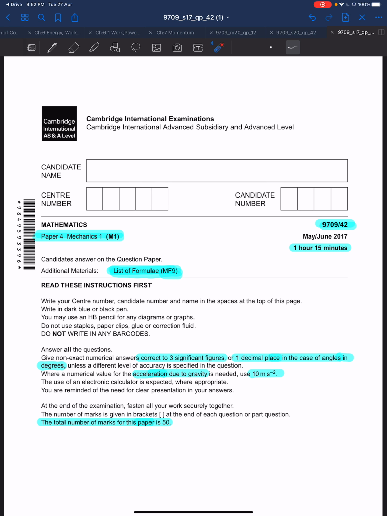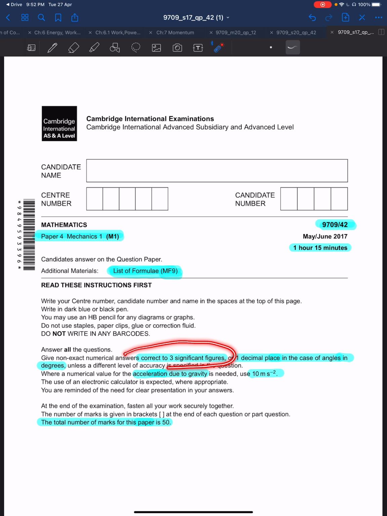Paper mechanics M1 has the time 1 hour 15 minutes and its total marks are 50. A few formulas are given in the formula list F9, which will be provided to you in the exam. In the question paper, you have to answer numerical answers correct to three significant figures.